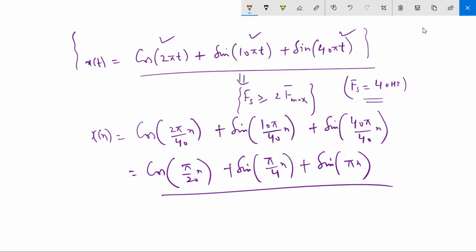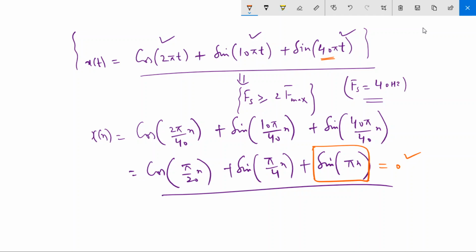Now if you look at this signal sine of pi n, this is nothing but 0, because it is sine 0, then sine pi, then sine 2 pi, 3 pi, everything is 0. And why is it happening? Because I am sampling this signal at its Nyquist frequency. 20 hertz is the frequency in the signal, and I am sampling it at 40 hertz.